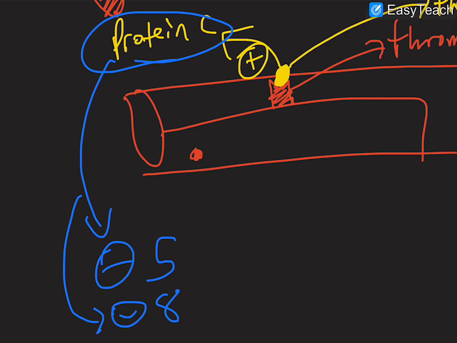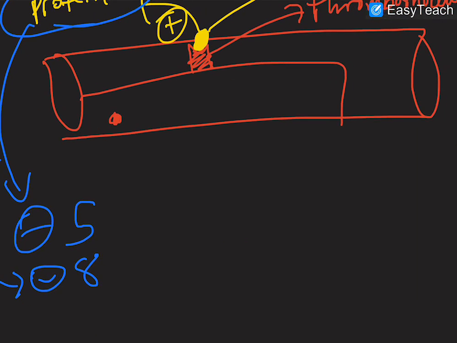In factor V Leiden, you get a mutation in the factor V gene. This mutation occurs at that exact site where normally activated protein C cleaves factor V to inactivate it.